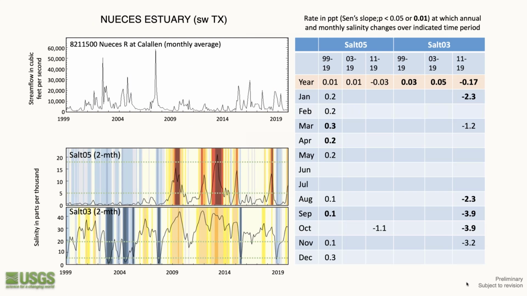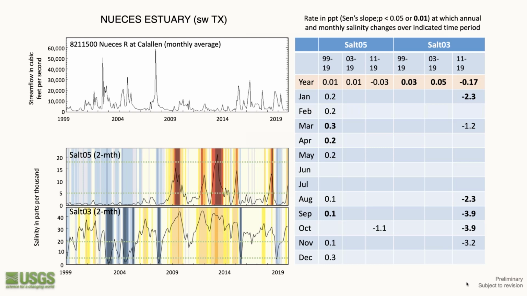One other way of looking at this is when you combine it with river inflow. This is the Nueces estuary in Texas. And these are two gauges, one in the more freshwater upper parts of the estuary, and the green dotted lines are those thresholds between intermediate, brackish and salt marshes. And on the top is the monthly averaged inflow of the Nueces River at Calallen.